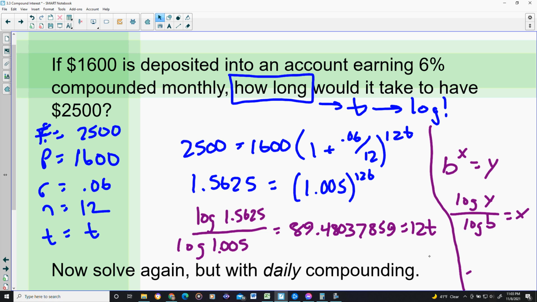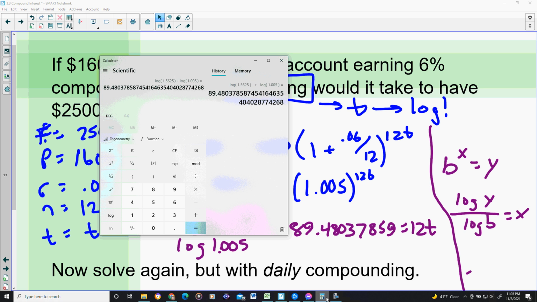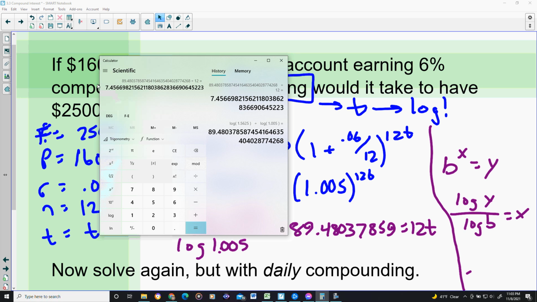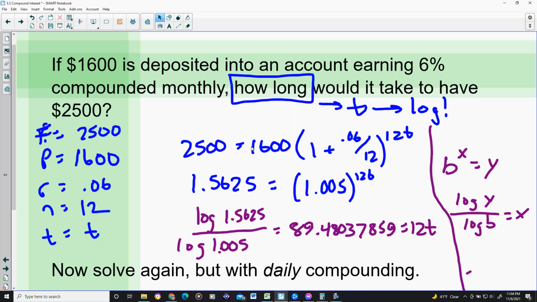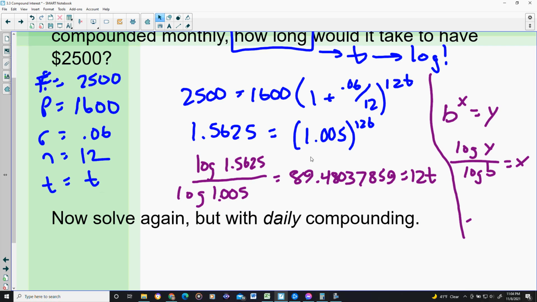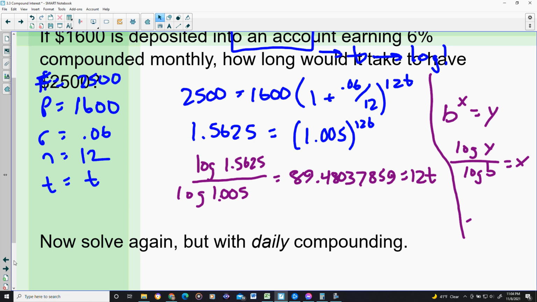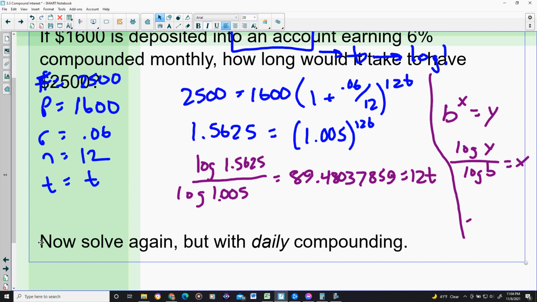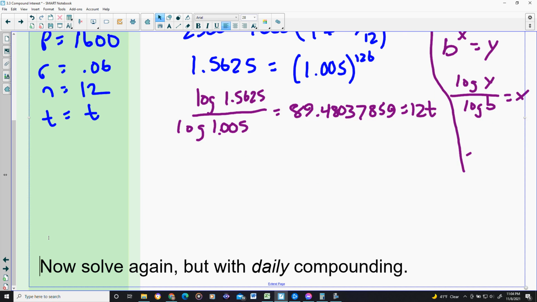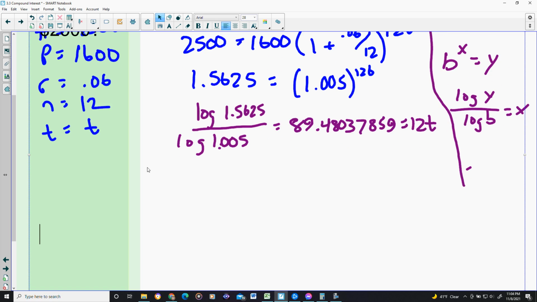And then all we have to do is divide by 12. And that's going to give me about 7.46 years. 7.4567. Okay, let's scoot this down.